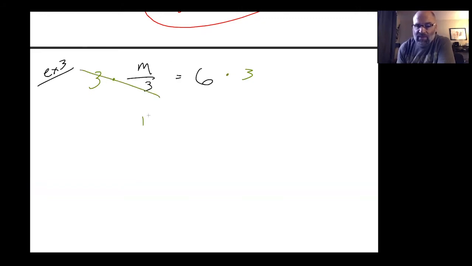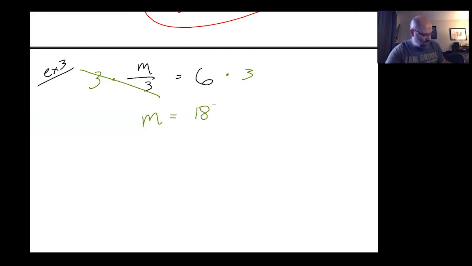So m equals what? 18. See how we did that? Now, this is stuff that you guys already knew. This is just a different way to solve these problems. We're using algebra. We're using our new tools, the division rule and the multiplication rule. Okay? So m divided by 3, to get back to m, you multiply by 3. And whatever you do to one side, you have to do to the other. Okay?